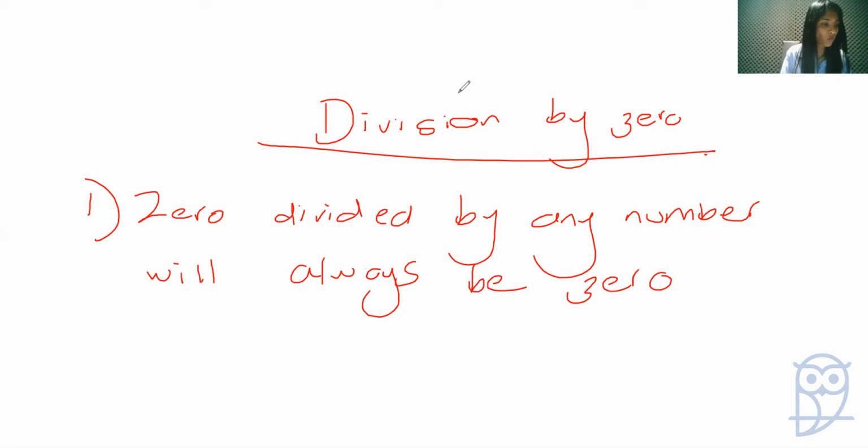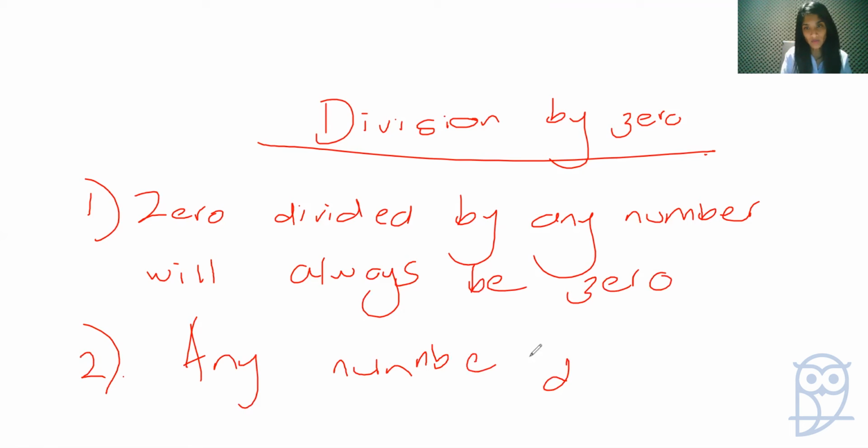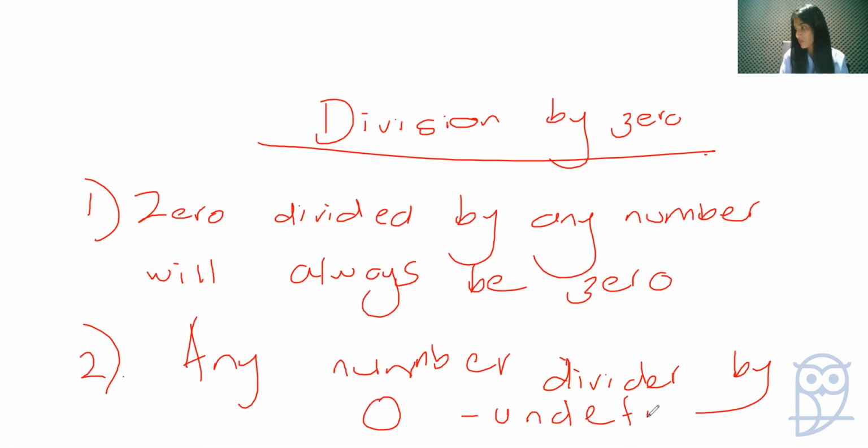That's one important property you need to know. And the other is any number divided by 0 is undefined. Those are the two rules you need to know when you're working with division by 0.